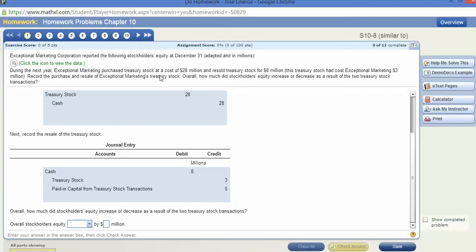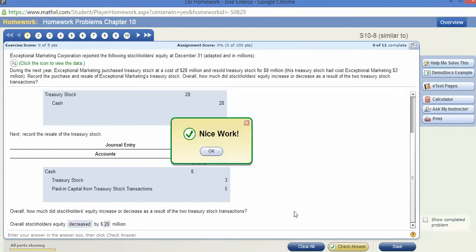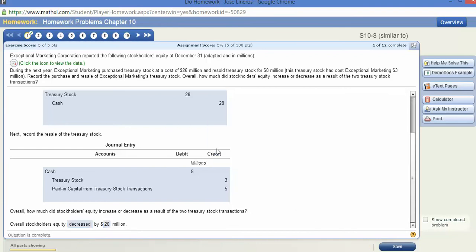So if you take the 28 million, notice this lowers it by 28 million. These two increase it by 8 million. If you take 28 minus 8, you get 20. And we're saying it decreased because 28 is a larger number than these two increases. That's how you work this problem.